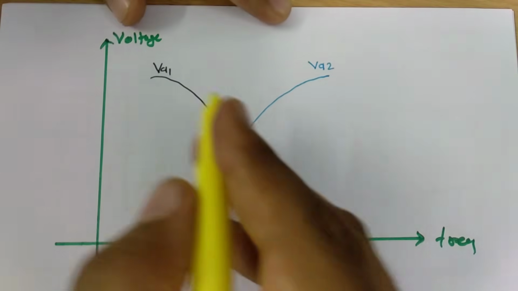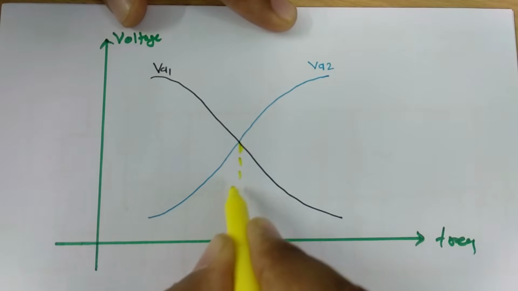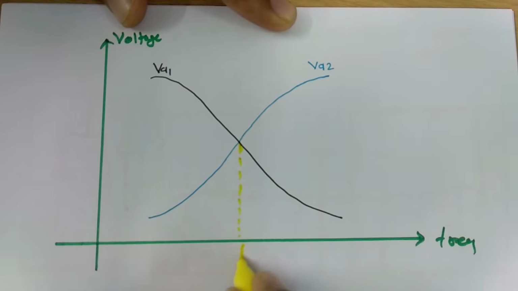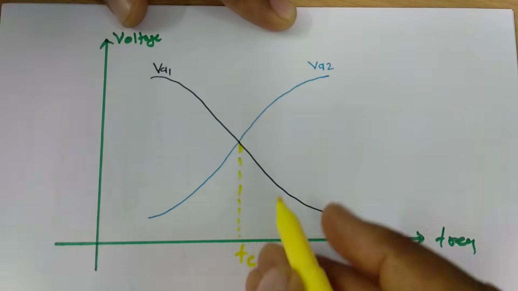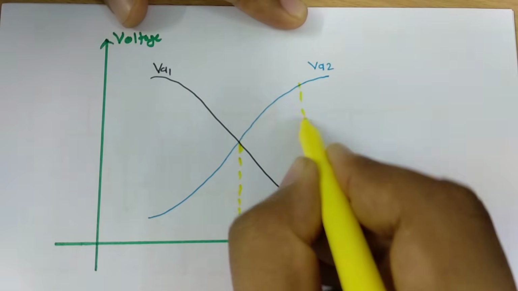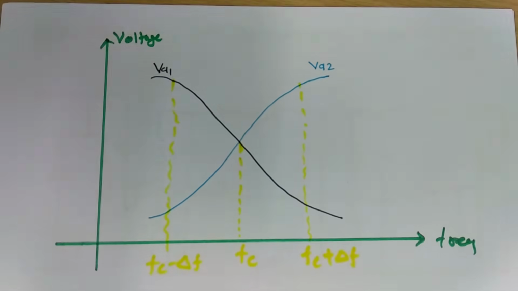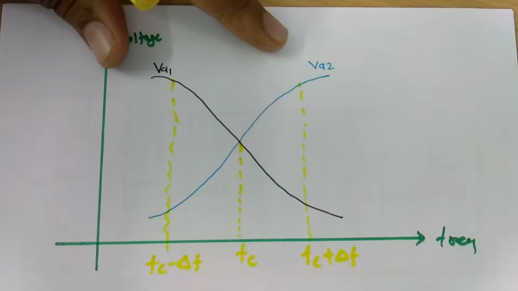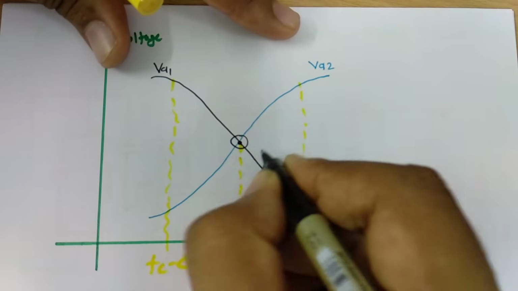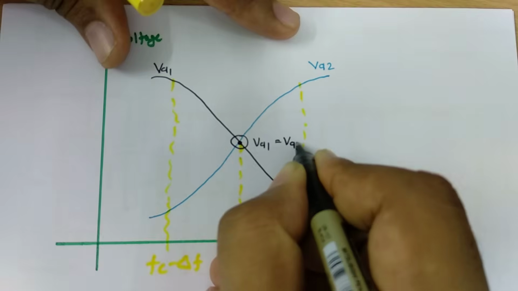Now if you see frequency, then the frequency over here will be Fc, and let us say the frequency over here will be Fc plus delta F, and the frequency over here will be Fc minus delta F. Now in this case, if I consider the tuned frequency Fc, then VA1 is equal to VA2.